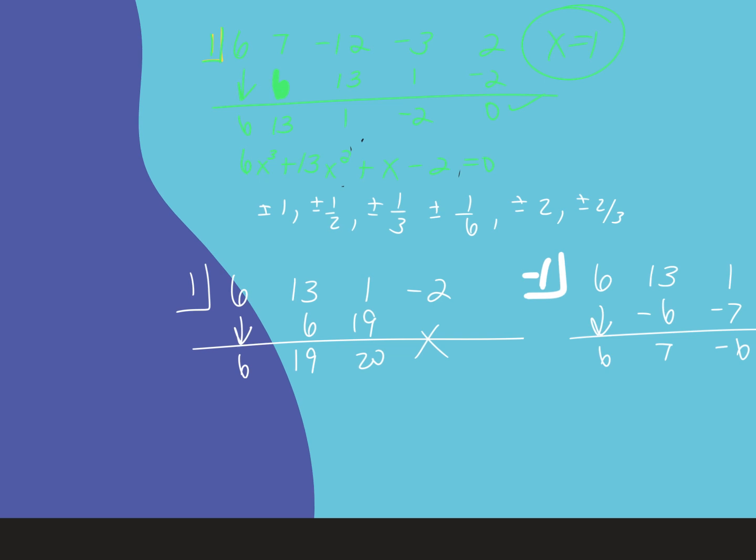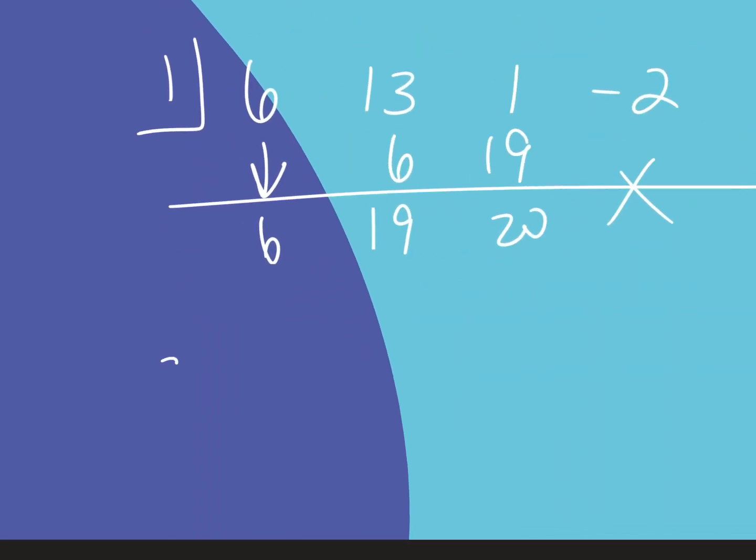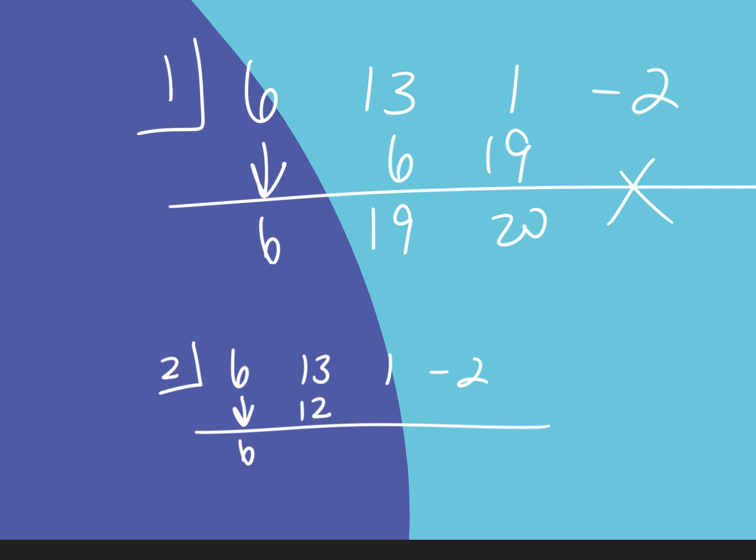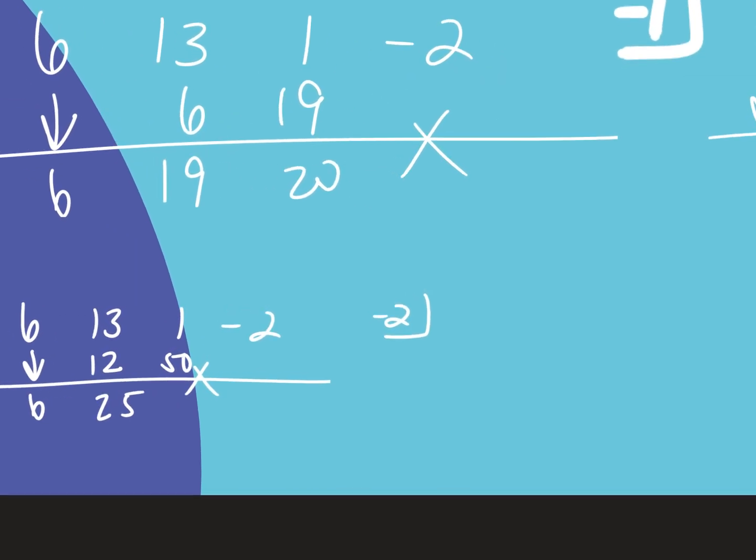Now let's try 2. 6, 13, 1, -2. Bring down your 6. 6 times 2 is 12. 12 and 13, is this going to work? No. So abandon ship. Let's try -2. And then if that doesn't work, we'll go to the fractions.